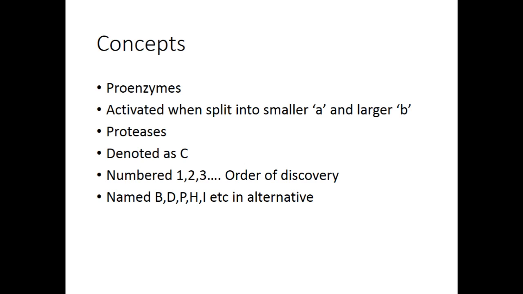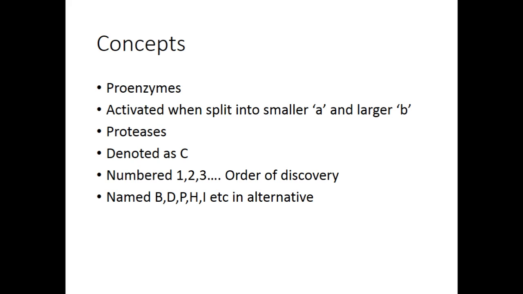Once the proenzyme gets activated, it can continue a chain of reactions, because after activation they themselves act as proteases and continue the cycle till the final membrane attack complex is formed. So they get activated by proteases, and they themselves act as proteases once activated.